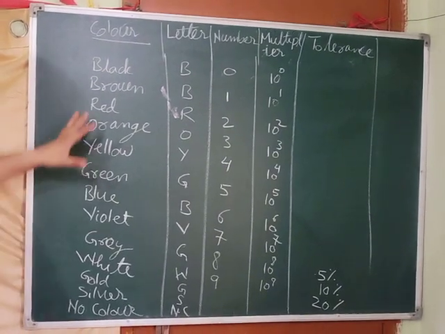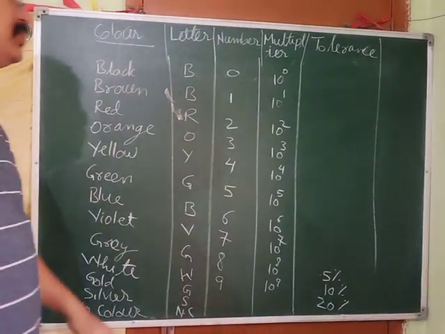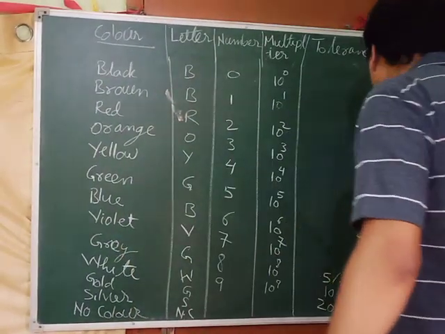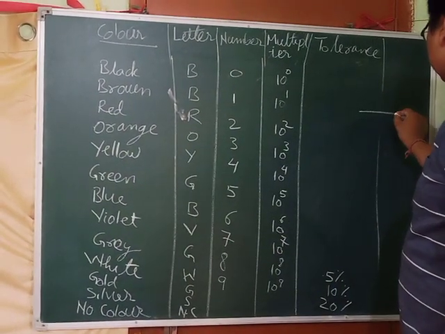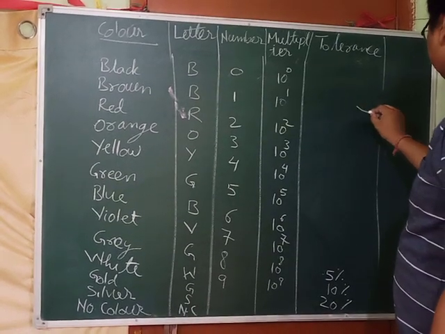Now see how we use this. Carbon resistors have lines. Suppose this is a carbon resistor. It is somewhat like this.